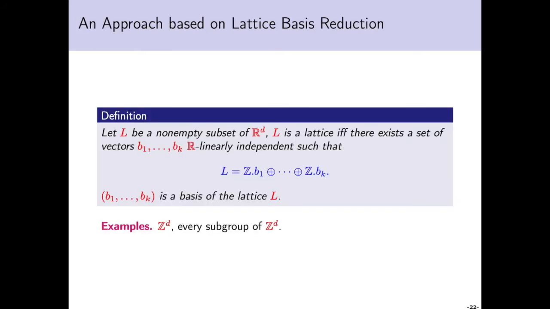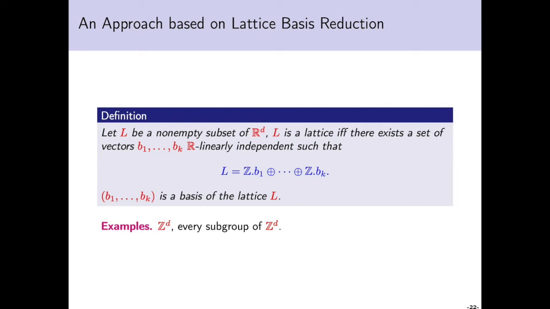General definition: you live in R to the D, okay, and you consider k vectors b_i that are linearly independent over R. And now you introduce the set of all integer combinations over Z of the b_i. And this set is called a lattice, a Euclidean lattice.